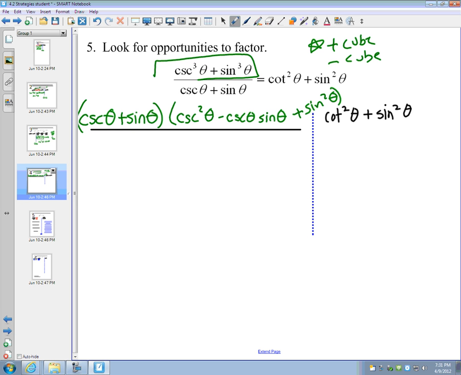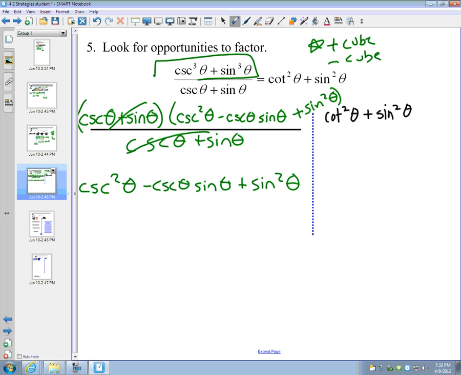Okay, so I factored the numerator and the denominator just stays the same. And now that I've factored, I notice that these two can cancel out, and I'm just left with cosecant squared theta minus cosecant theta sine theta plus sine squared theta. Okay, well, cosecant times sine, this right here is just 1. So I have cosecant squared theta minus 1 plus sine squared theta.